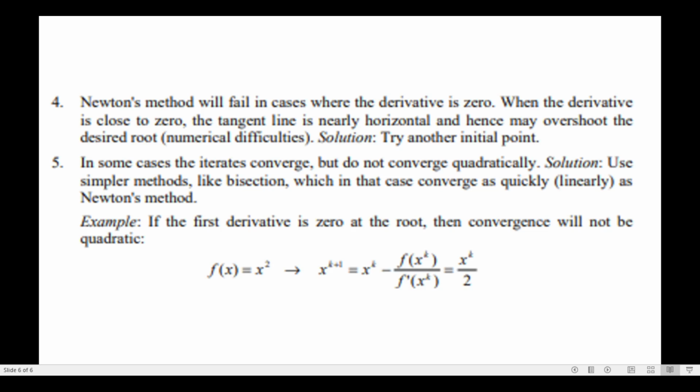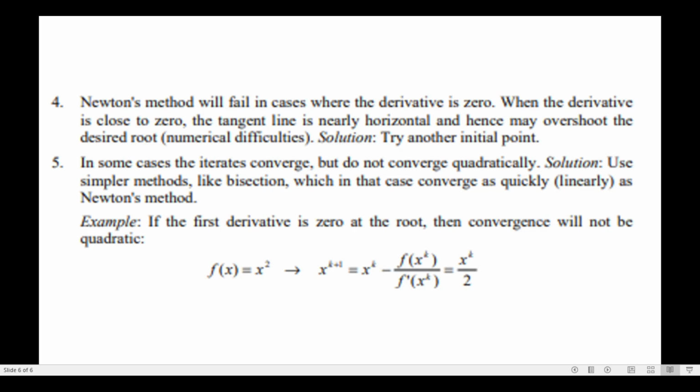When the derivative is close to 0, the tangent line is nearly horizontal and hence may overshoot the desired root. Here also we have to find a solution: we try another initial point. We have to change the initial point whenever the derivative at that point is 0.